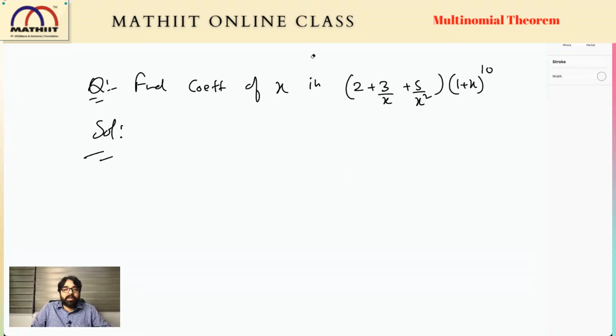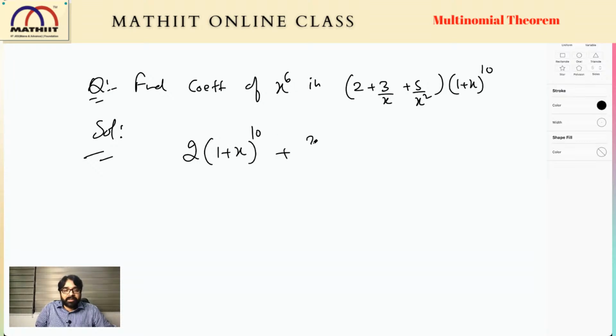And I want the coefficient of x power 6. First, let's multiply. I will get 2(1 + x^10) plus (3/x)(1 + x^10) plus (5/x^2)(1 + x^10).